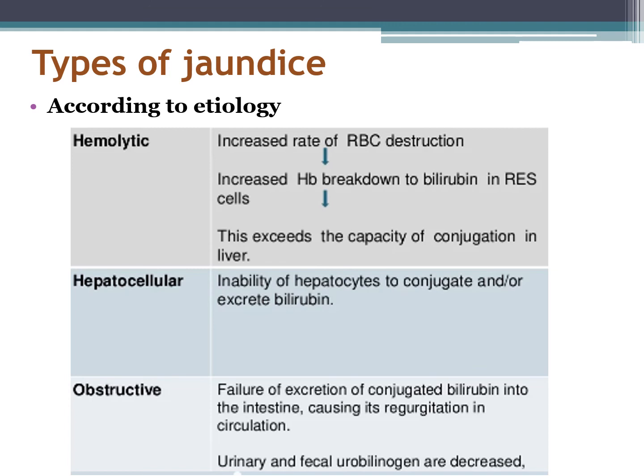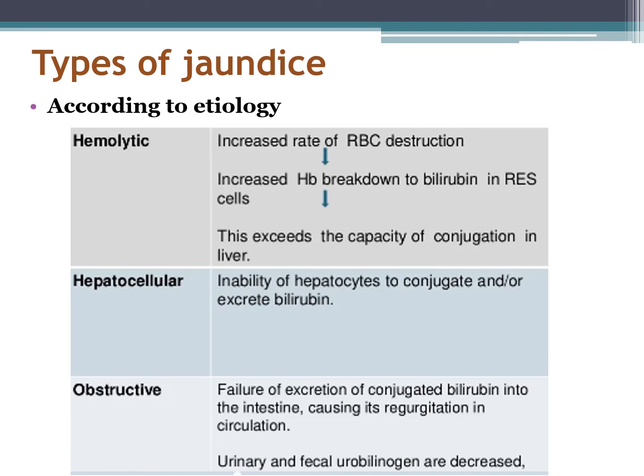And in the obstructive type, all the processes like conjugation and secretion of the bilirubin into the bile are intact, but there is obstruction of the pathway of the bile from where it is excreted into the small intestine.